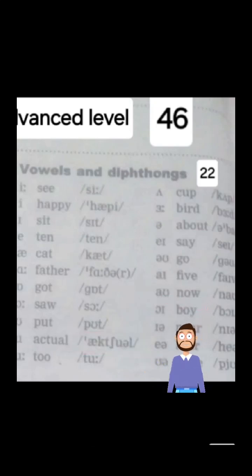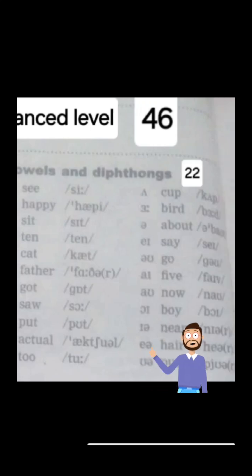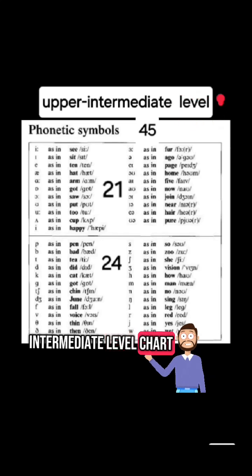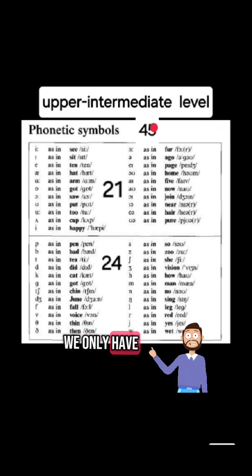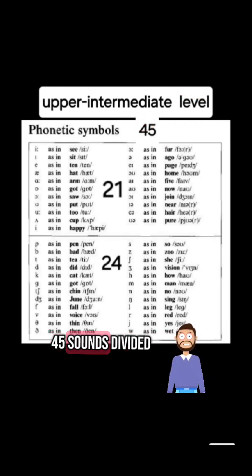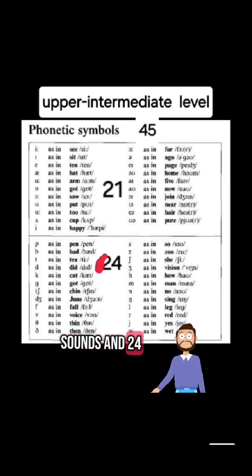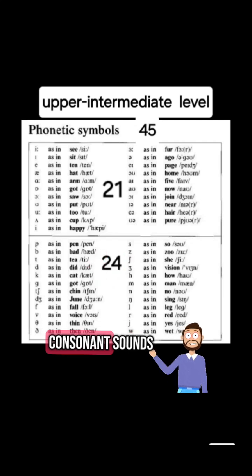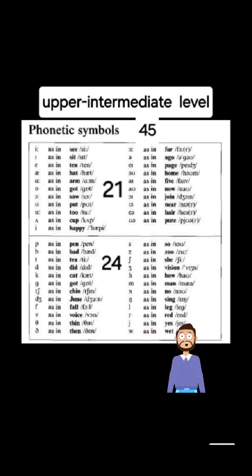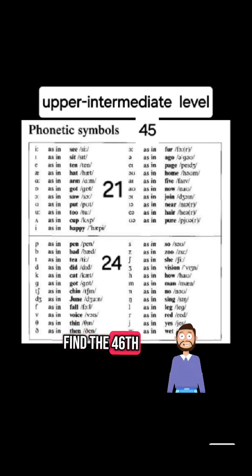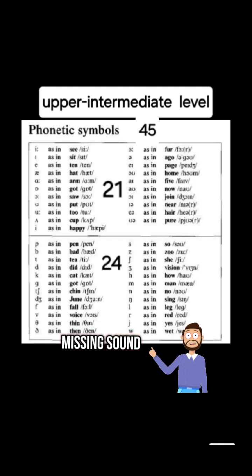Whereas in the upper intermediate level chart, we only have 45 sounds divided into 21 vowel sounds and 24 consonant sounds. The question is, find the 46th missing sound.